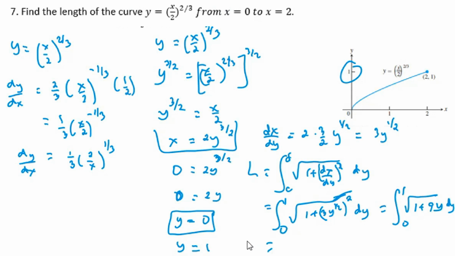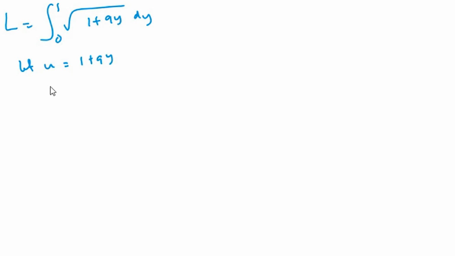Evaluating that, this is just a continuation. L is equal to the integral of the square root of 1 plus 9y, dy from 0 to 1. Let u equal 1 plus 9y, and du will give us 9 dy.